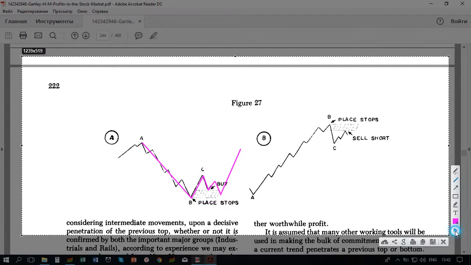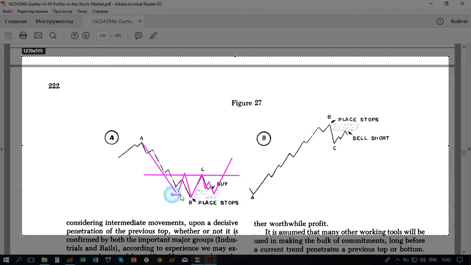He also says that if traded correctly, it can also be the right shoulder of a head and shoulders: left shoulder, head, right shoulder. And again, you have a pretty good opportunity to buy the right shoulder, not to wait for this breakout.